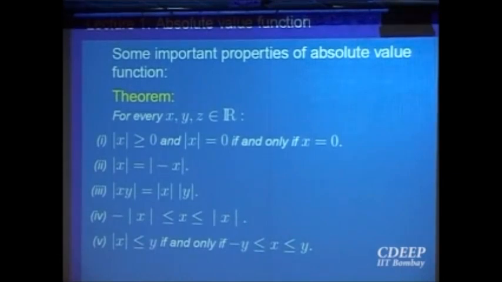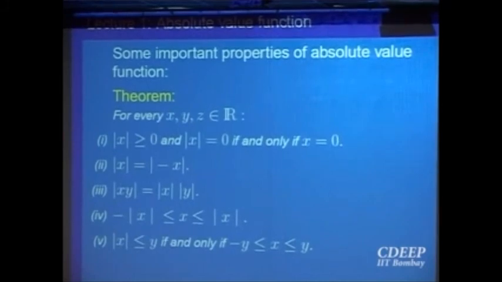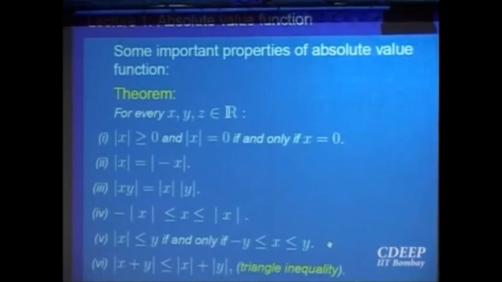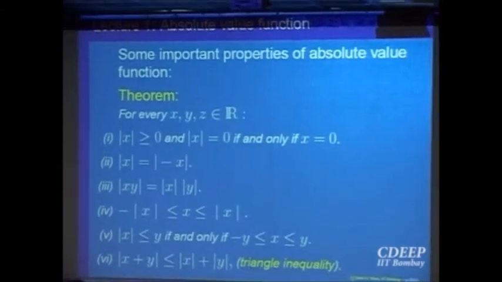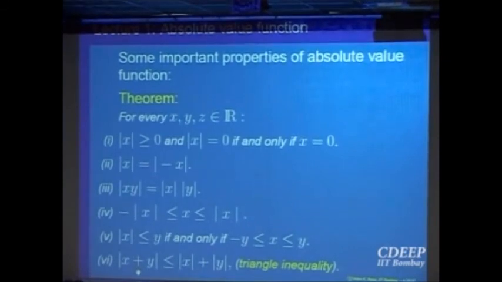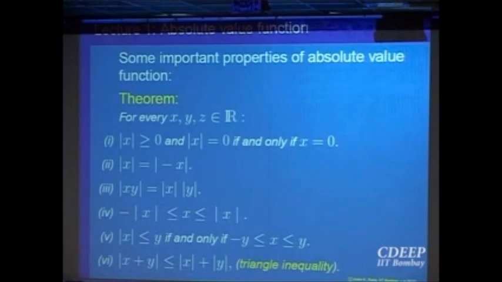This is what mathematics is about. You have some definition, some simple concept, using that alone you have to prove now something, okay? And once you have this, you have a very nice property with respect to addition. And that says, if you take the sum of two real numbers and take their absolute value, that is not always equal to absolute value of x plus absolute value of y, but it is less than or equal to absolute value of x plus absolute value of y.